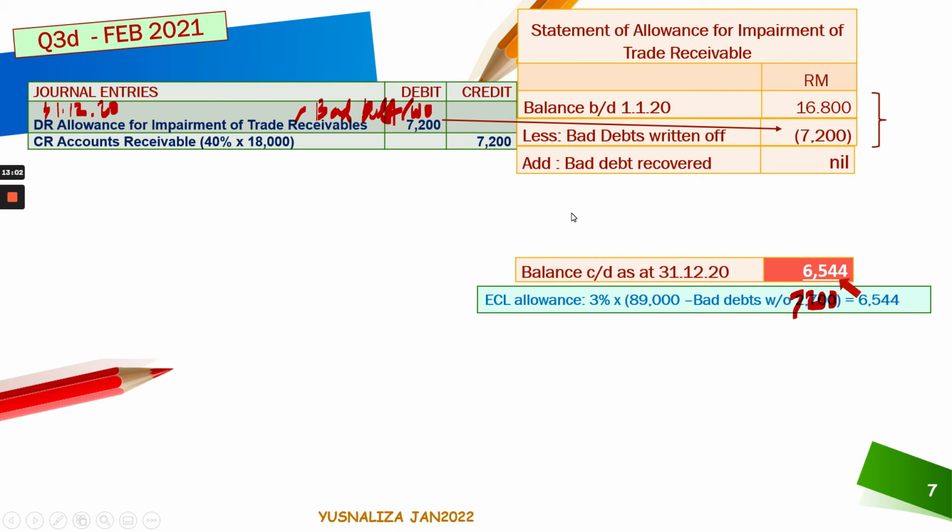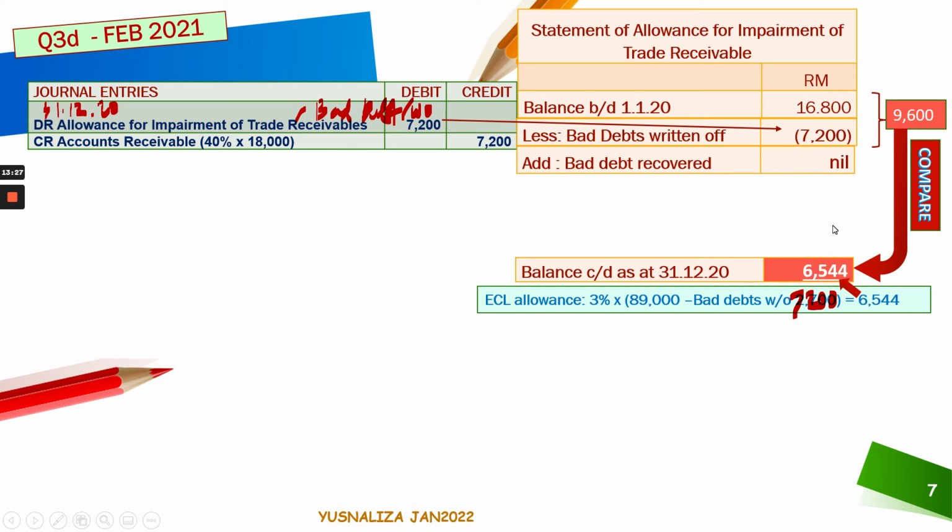So your next task is to find out what is the amount to be recognized in the SOPL. To do that, first total up the first three items here, meaning the running balance here is 9,600, right? Because 16,800 minus 7,200. Compare this 9,600 with the one at the end of the year.